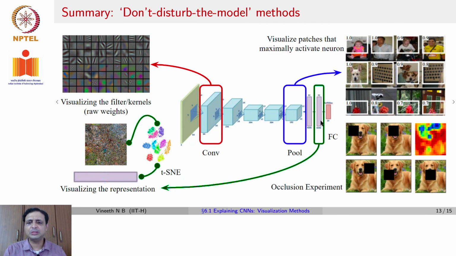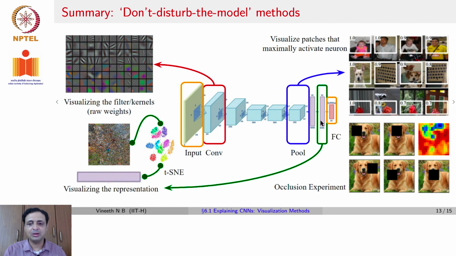And lastly, we spoke about the occlusion experiment, where you take an input and perturb it and then see what happens at the final classification layer, and that gives you a heat map that tells you which part of the image the model was looking at while making a prediction.